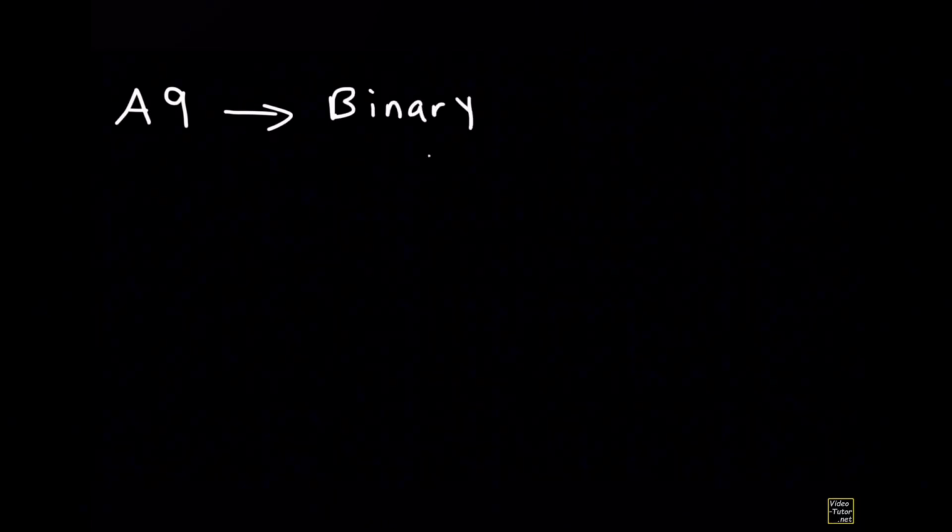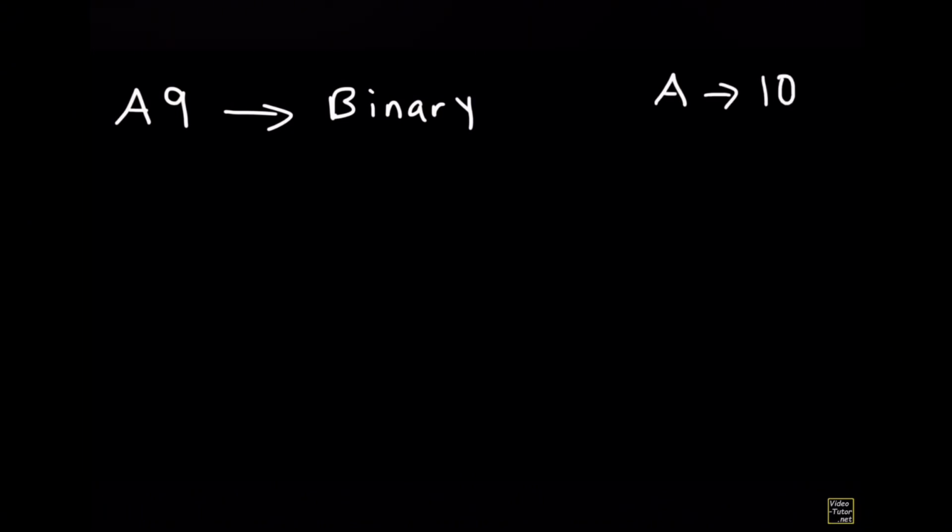How do you convert hexadecimal to a binary number? Let's start with this example, A9. How can we convert that into a binary number? Well, the first thing we need to do is convert the A into a decimal value.